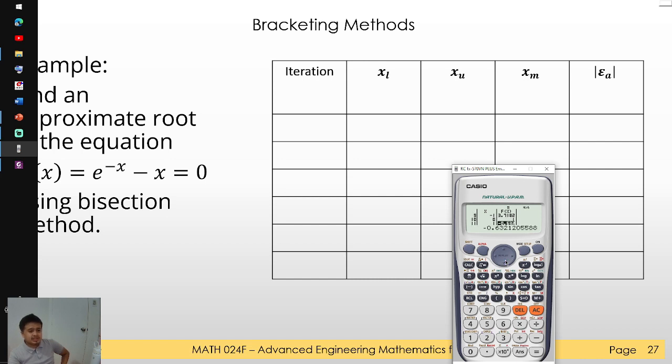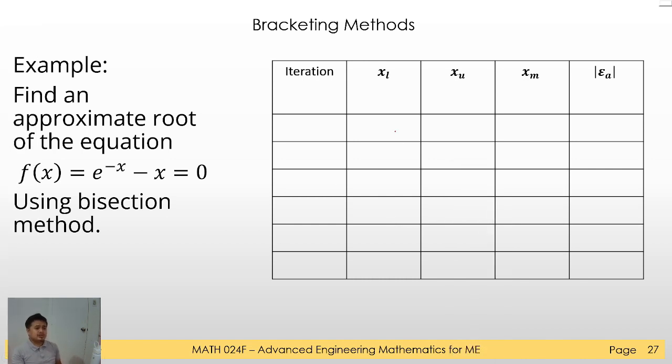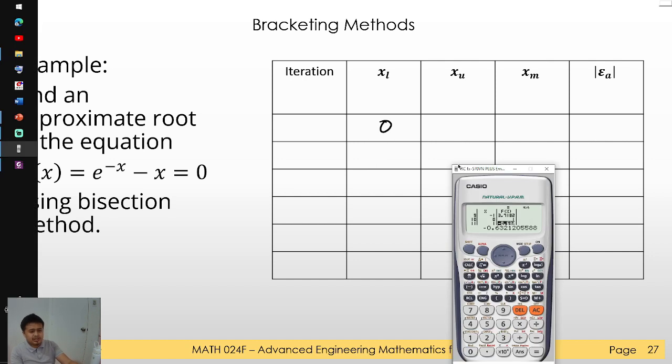As you can see here, the sign changes from 0 to 1. Therefore, the root lies in between 0 and 1. So our x lower will be the left end of our interval, meaning it will be 0, using our incremental search.